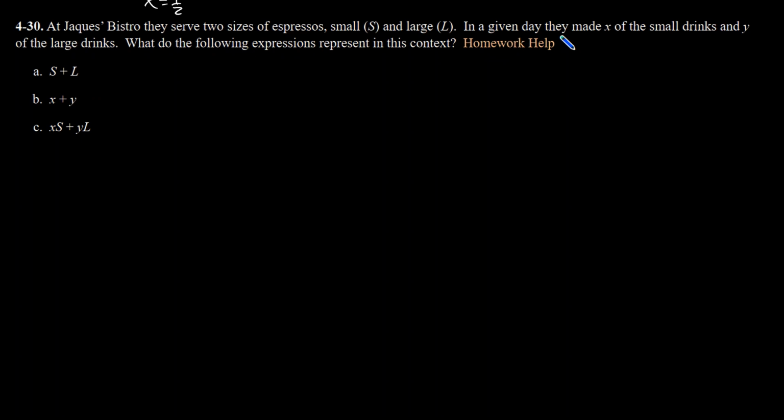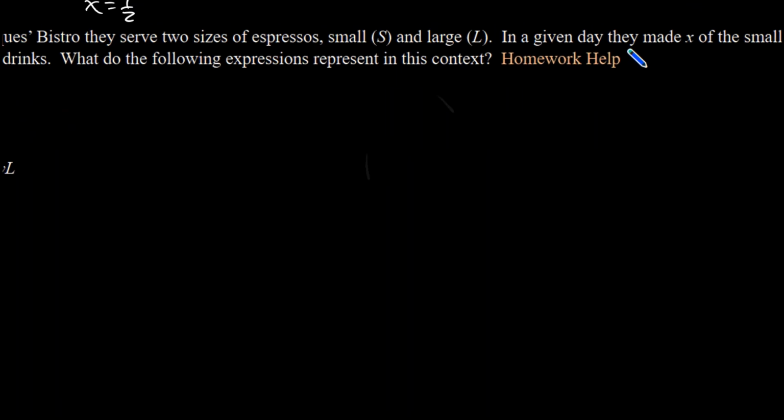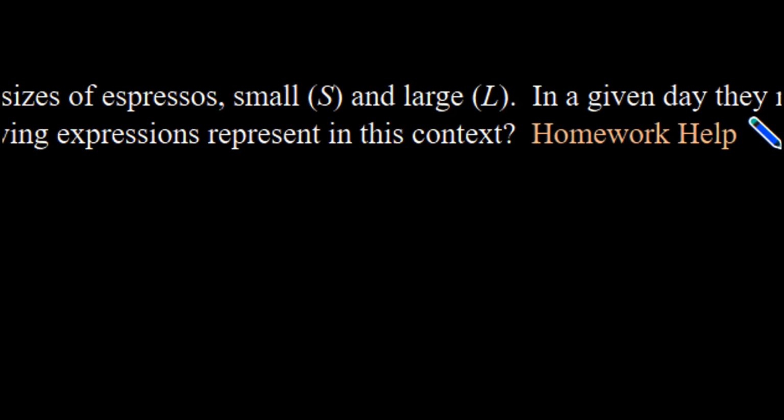I don't like this question. I think that someone wasn't paying attention here. Let me look at something real quick. Okay, so I think I get what they're getting at, but I don't think they did a good job of it. So the S apparently represents the volume of the small drink.